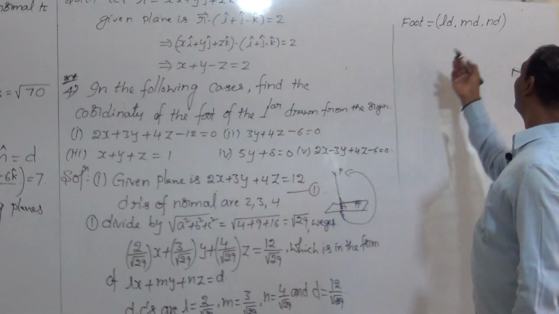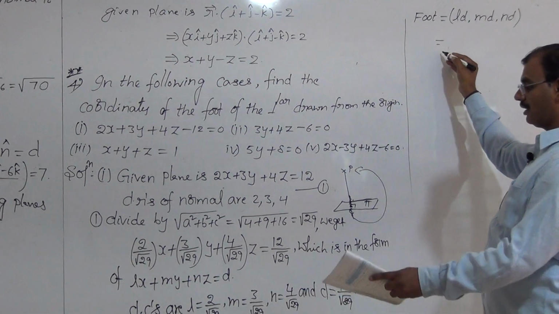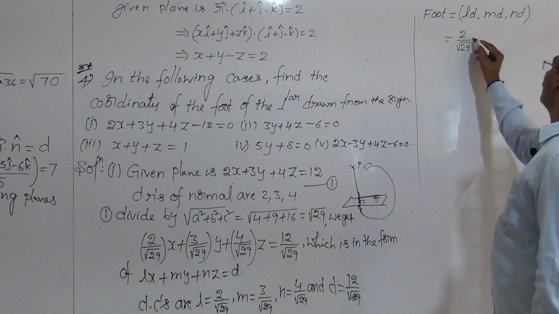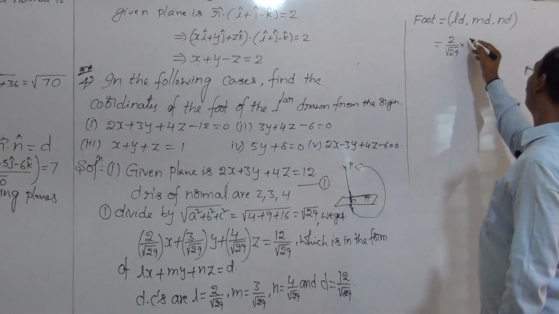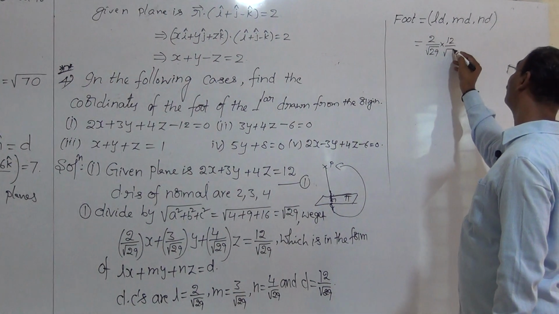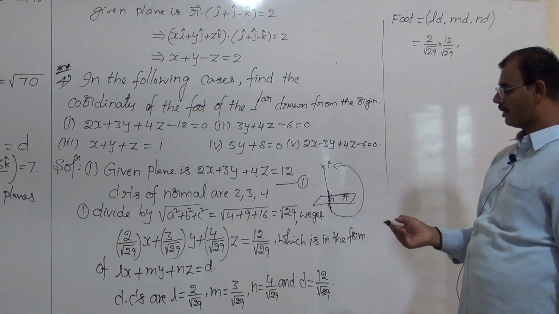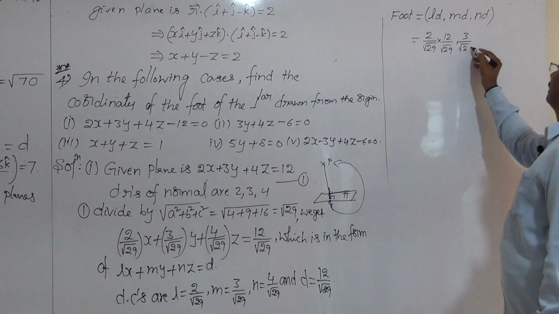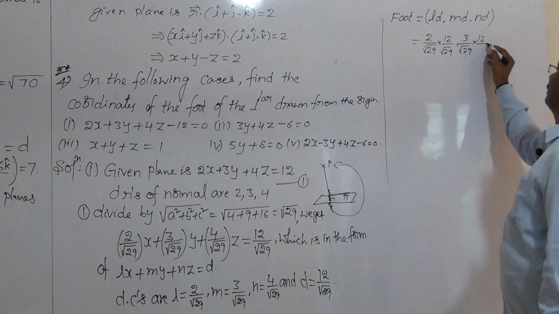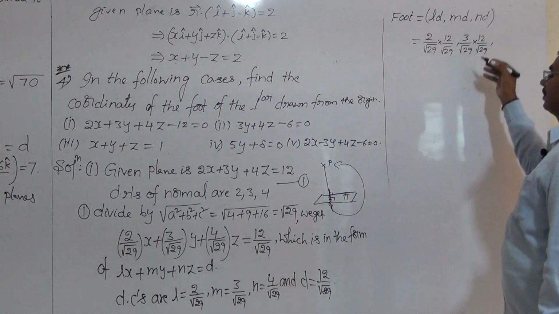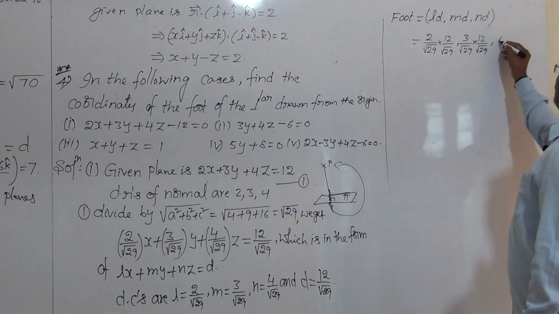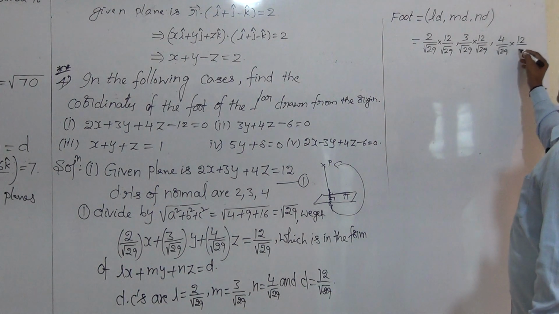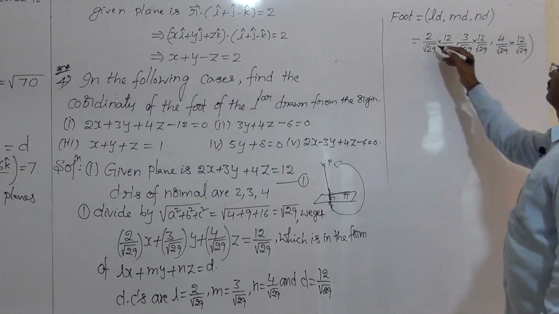Substitute l, m, n here. l is 2 divided by square root of 29 into d, 12 divided by square root of 29, comma, m is 3 divided by square root of 29 into 12 divided by square root of 29, n is 4 divided by square root of 29 into 12 divided by square root of 29.